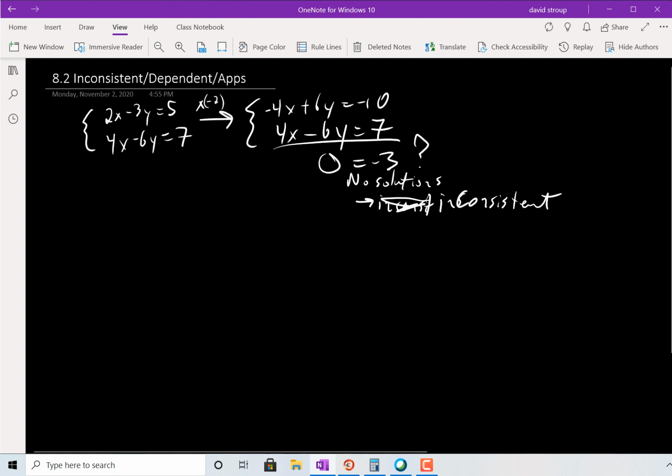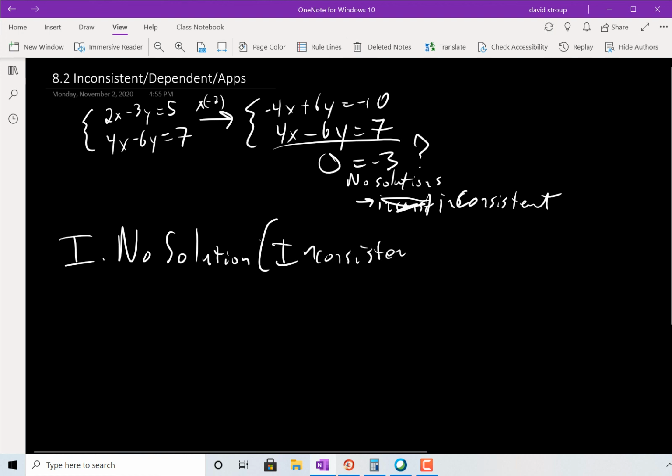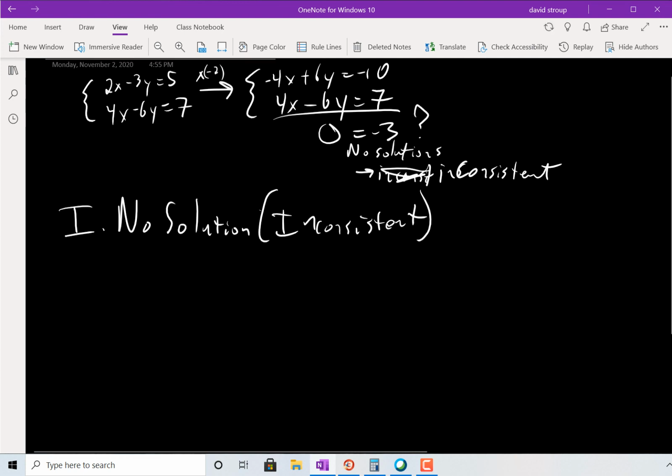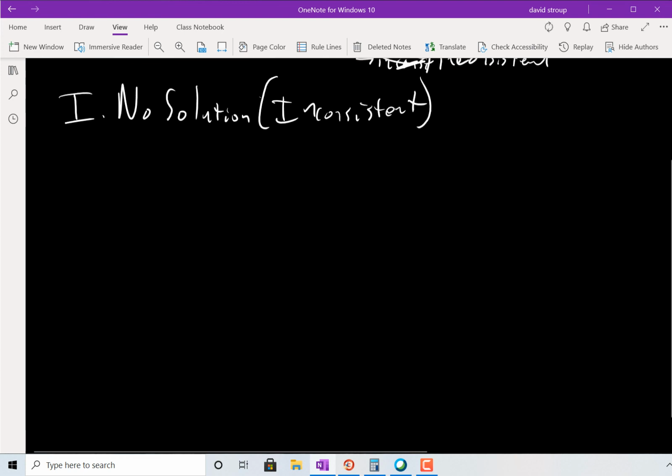And then the dependent is the infinite solution case. Okay. So let's go ahead and take a look at no solution cases. No solution. And we're calling these inconsistent. Okay. And they'll be mixed in general with your regular matrix problems.